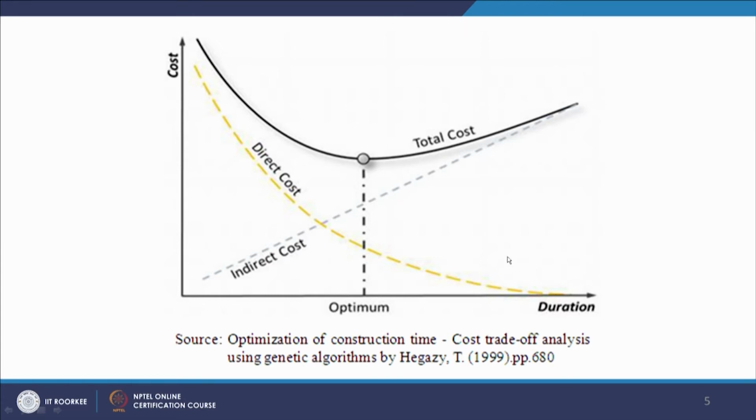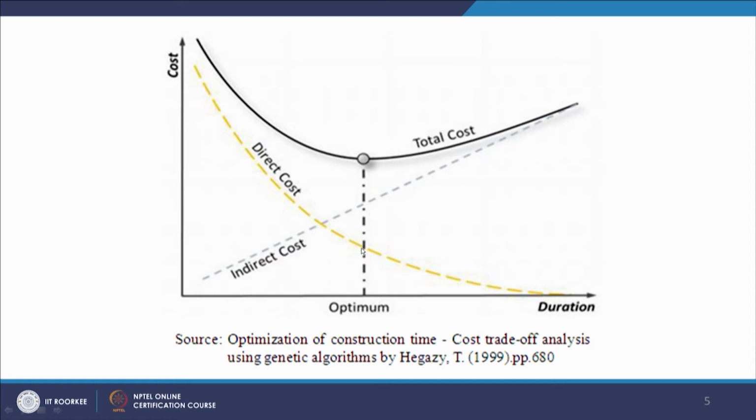But if we reduce the duration, we will be incurring direct cost for crashing. When we are trying to reduce the activity duration, the direct cost will keep on increasing.